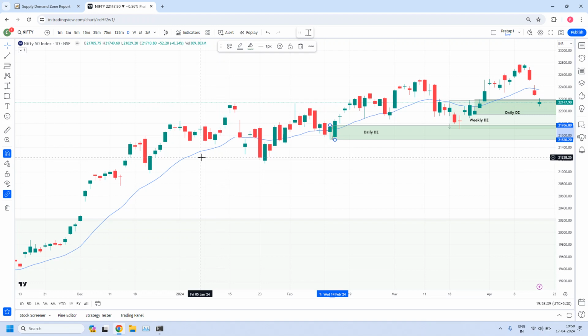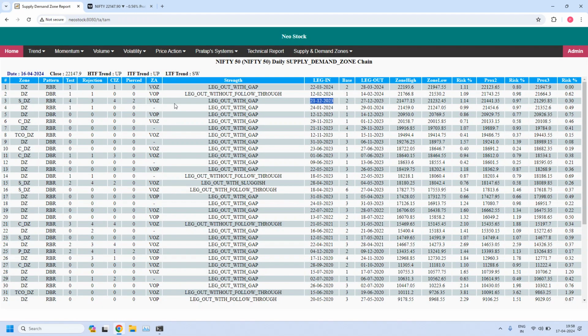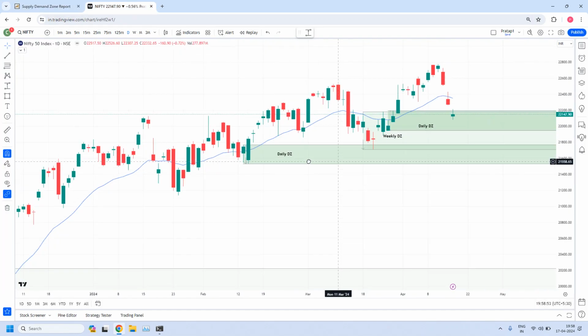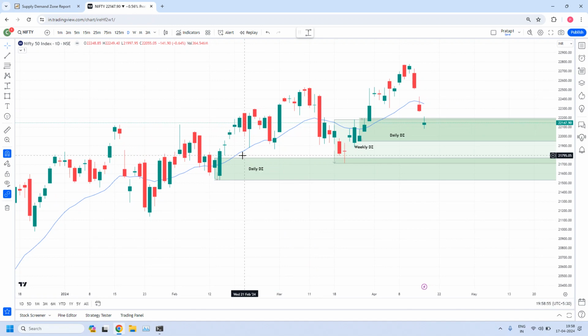If I draw a zone, this is already pierced. See, let us check. Yeah, this is already pierced, so we cannot use this. This is no more valid. I'm sorry, I didn't look into this. This is a pierced zone. So no more valid. So let us limit our discussion up to this level.